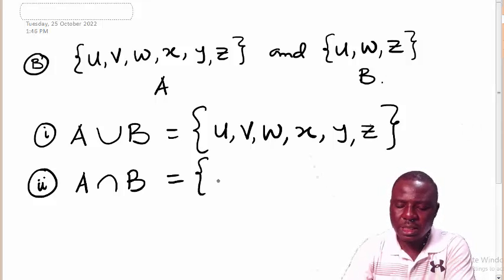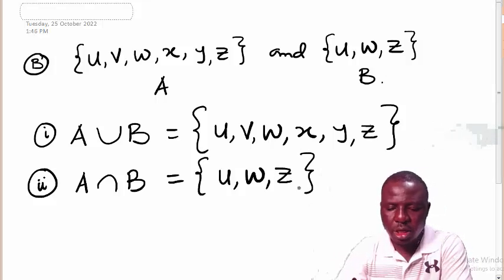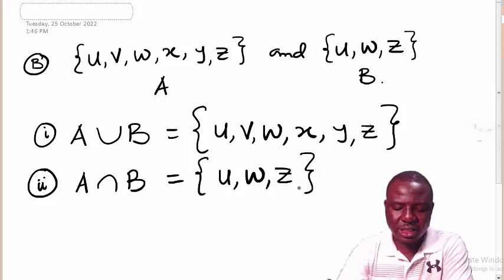So I think the same applies to the first example, that U, W, and Z are said to be elements of that set, that is A intersection B.